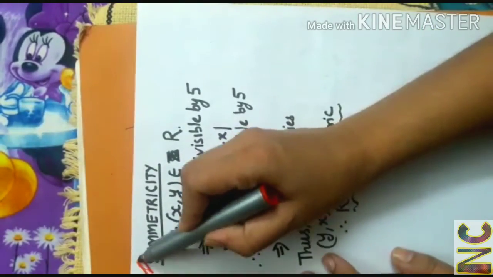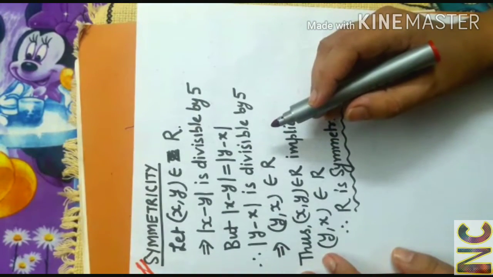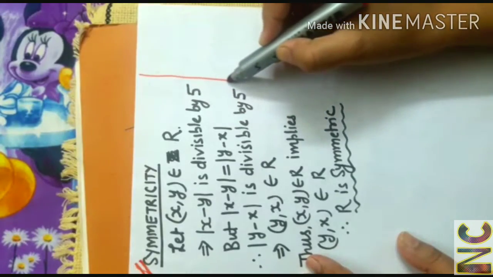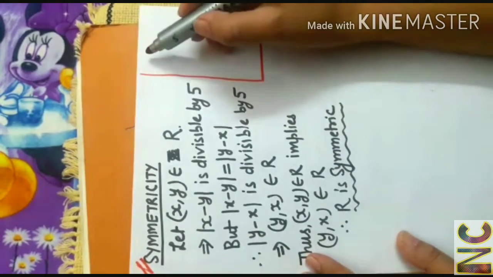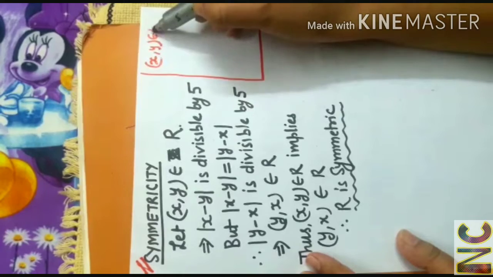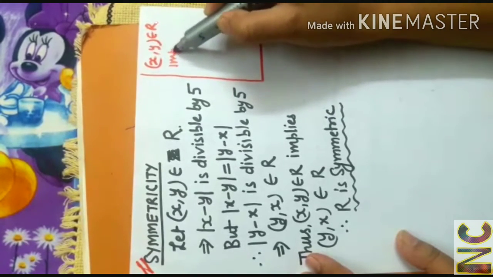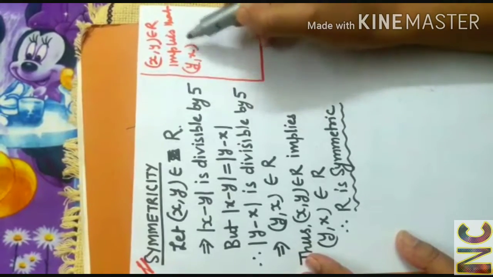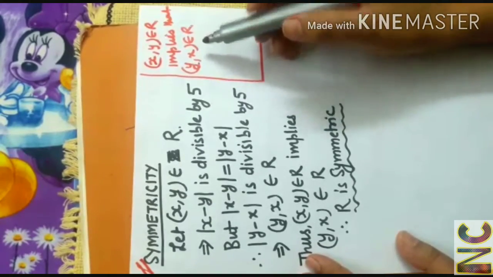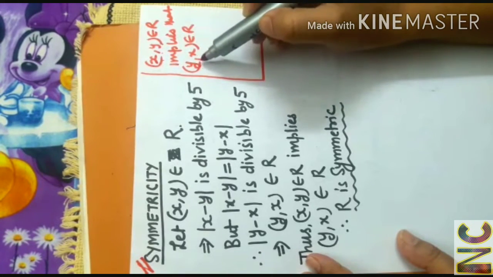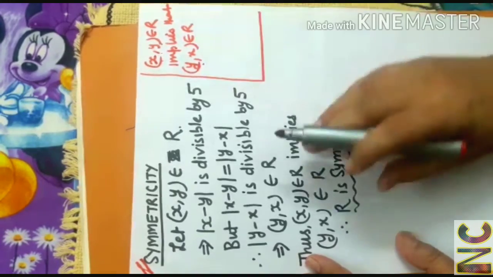Next, we will check whether this relation R is symmetric or not. Recall the definition of symmetric relation. A relation R is said to be symmetric if x, y belongs to R implies that y, x belongs to R. That is, x related to y implies that y is related to x.